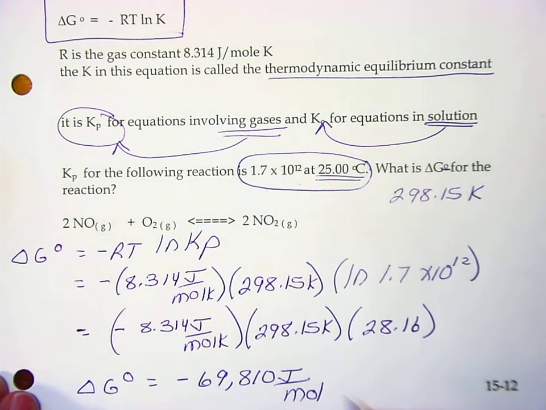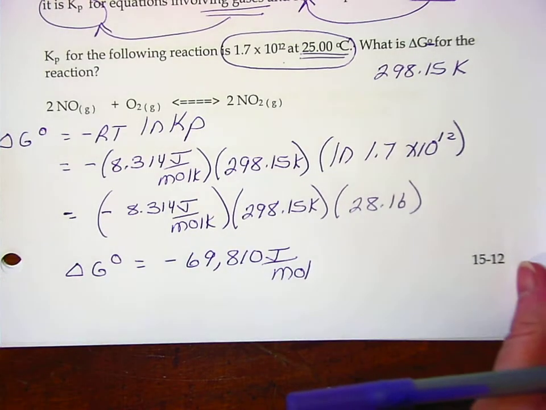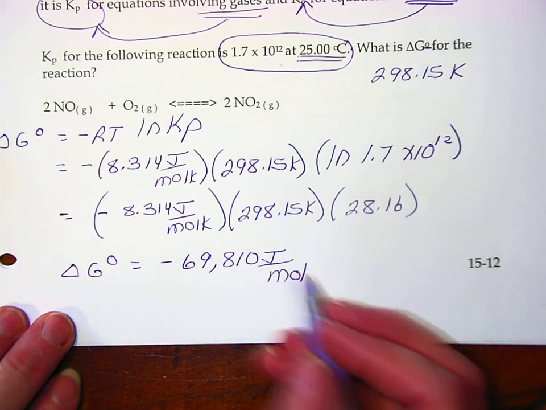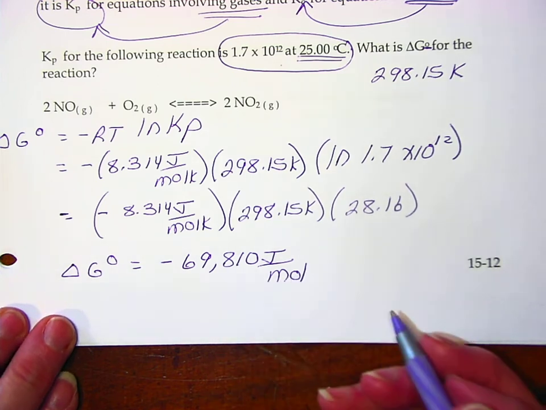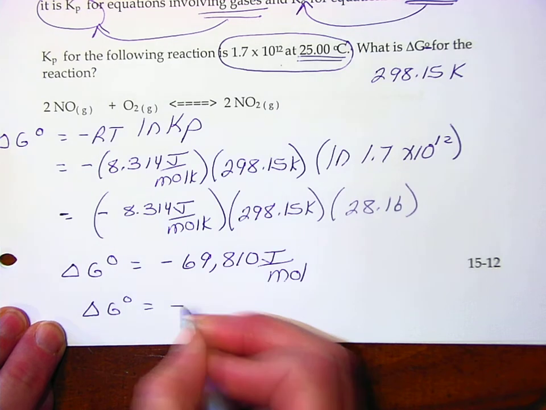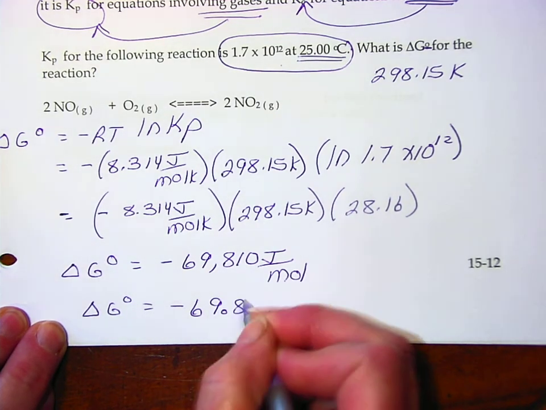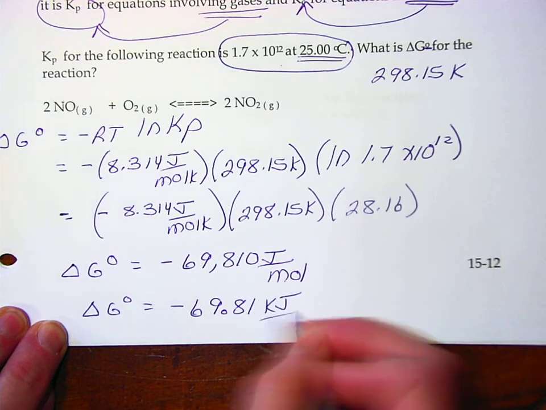I can keep 4 significant figures. Typically, when we have numbers this big, we convert them to kilojoules. So delta G0 is minus 69.81 kilojoules per mole.